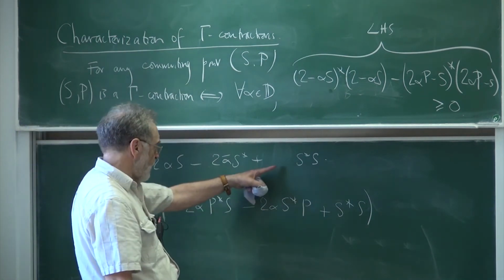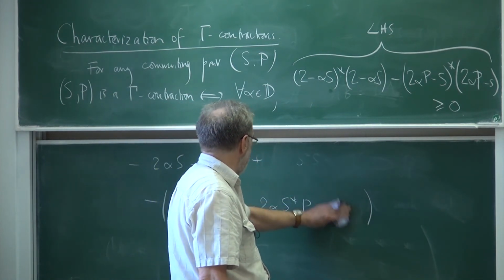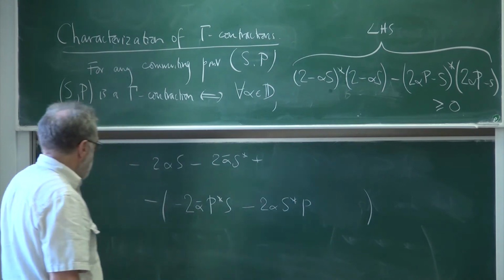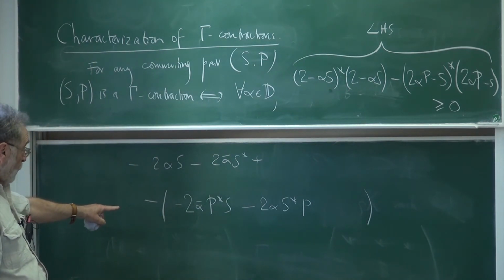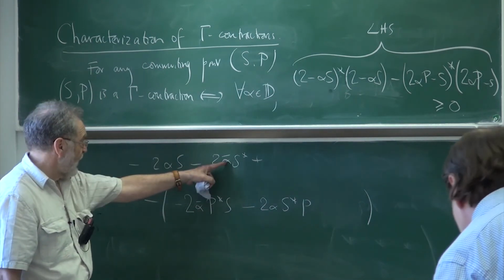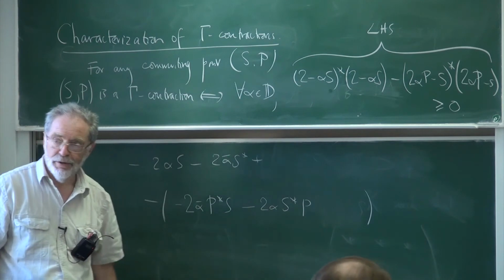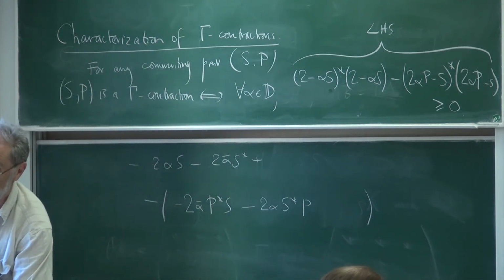This plus s star s minus s star s, so those two go out. And then, if I've done it right, this cancels with this and this cancels with this, and so it just evaporates into thin air.